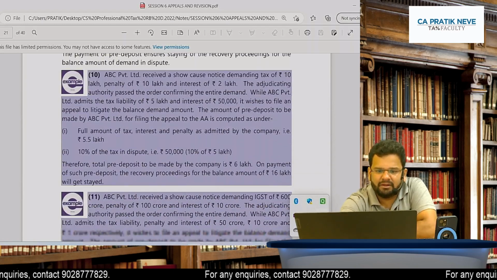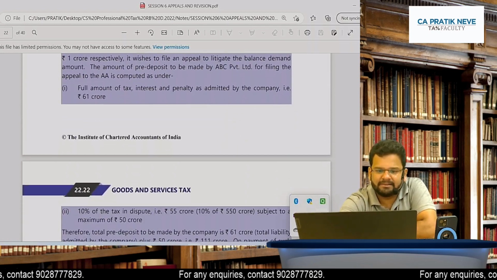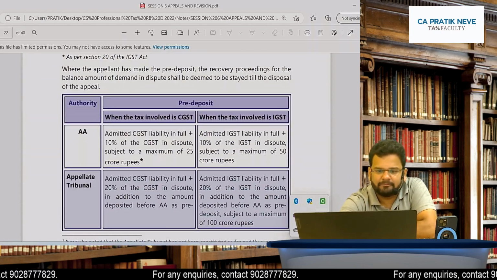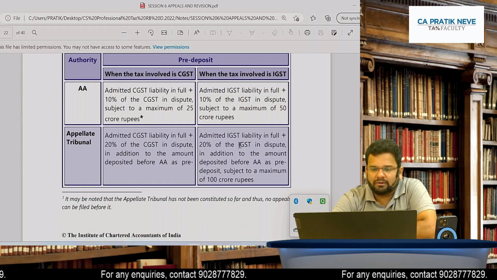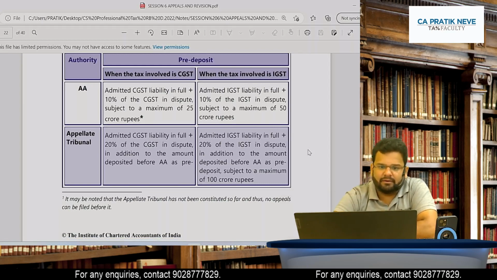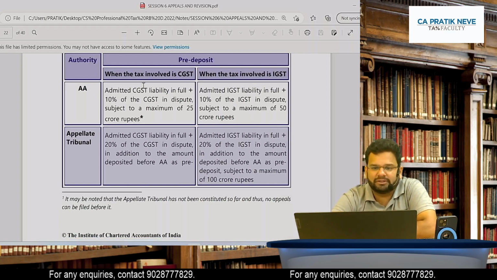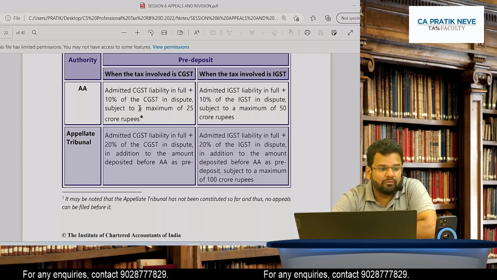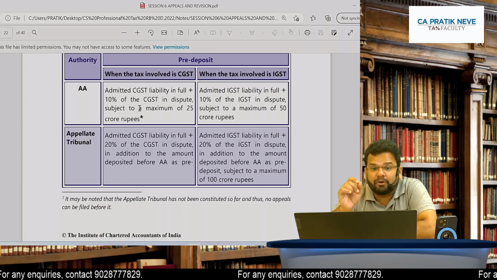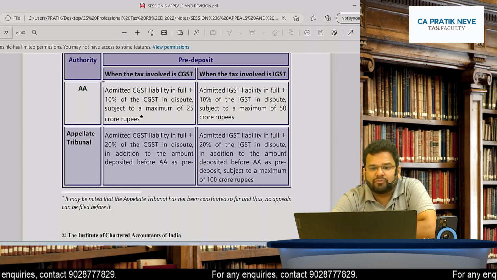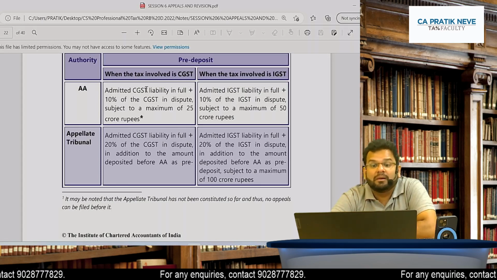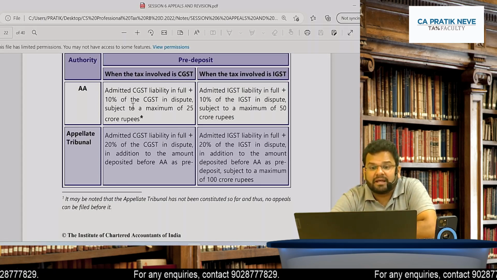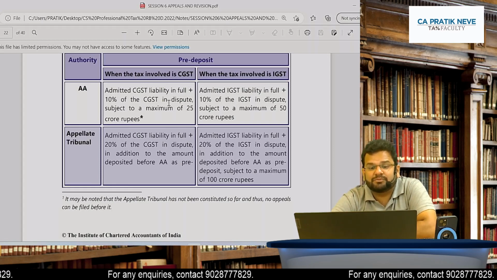Very simple analysis is there. When I am talking about AA, appellate authority, how much pre-deposit should I make? Of course, admitted GST liability in full plus 10% of CGST in dispute.